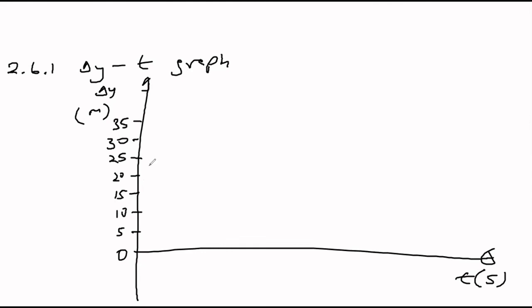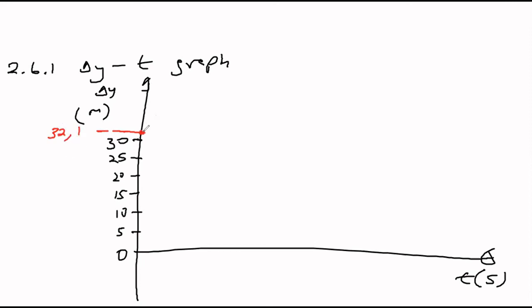Okay, so let's take the starting point as the point of reference. We can estimate 32 somewhere there above 30. This is 32,1.